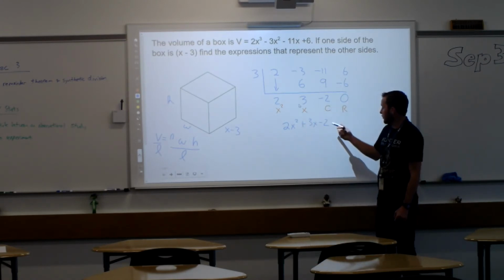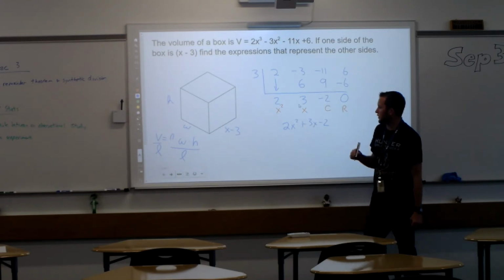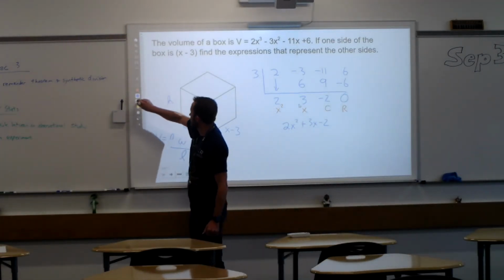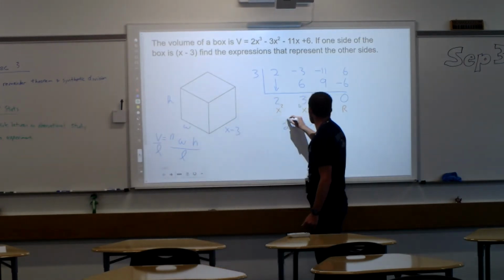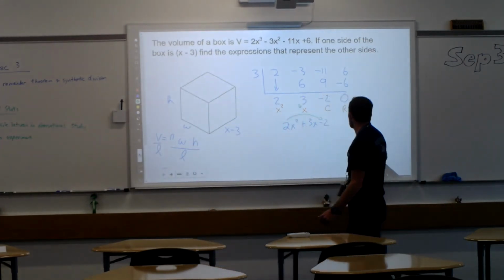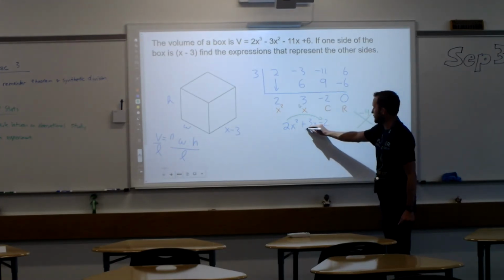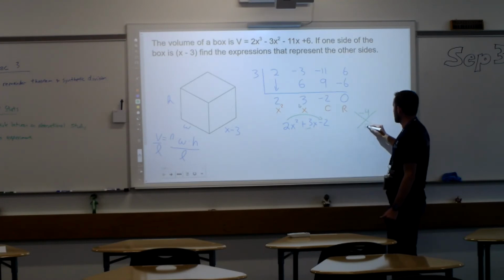Now, since I have a leading coefficient that's greater than 1, the way I'm going to need to start factoring this is multiplying the 2 times the -2, which gives me -4. And I need to think of two numbers that multiply to -4 and then add to 3.